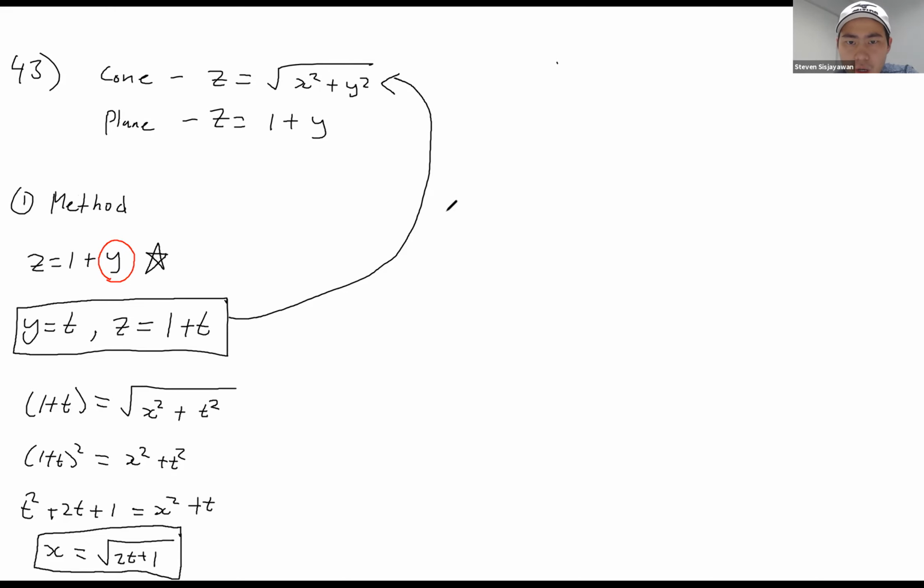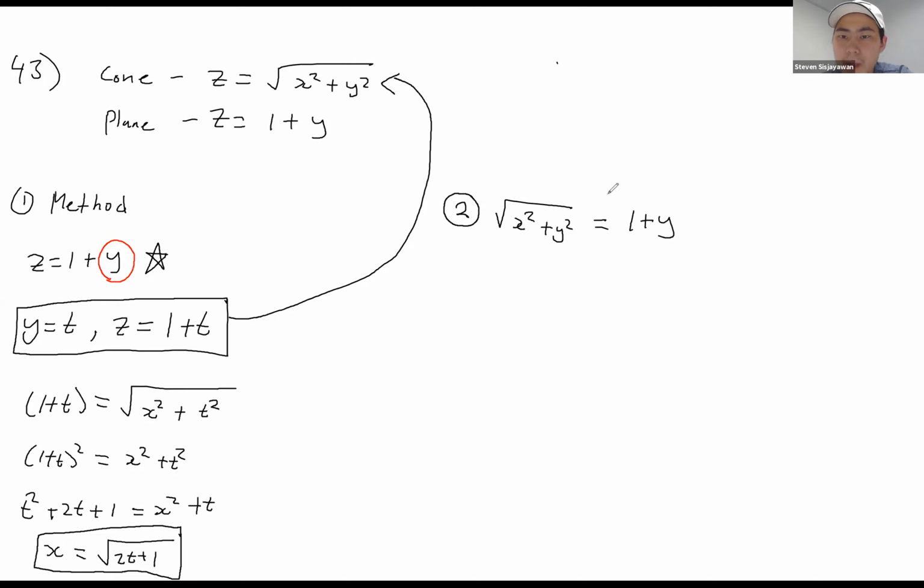Okay. And then for method 2, another way of solving this question is, you notice that these two functions are set equal to just z, right? So what you can do is set these two functions, the square root of x squared plus y squared, equal to 1 plus y, because both of them have to be equal to z.